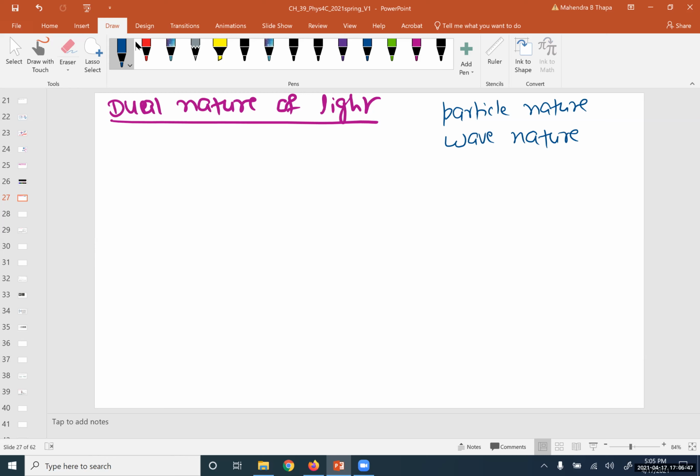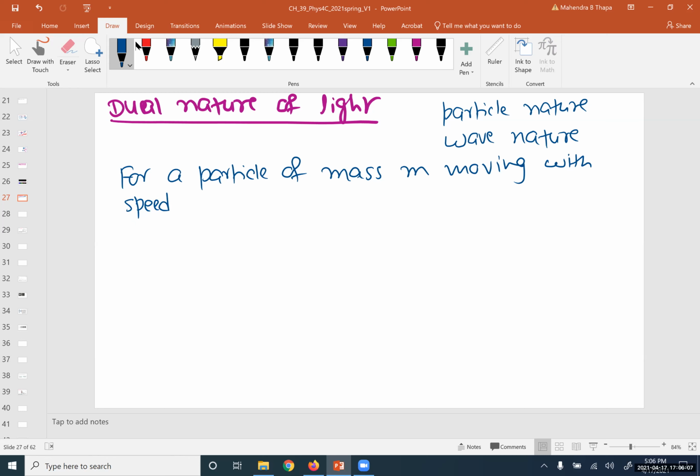So this is a recap. For any particle of mass m moving with speed v, we have lambda equals h over momentum, where momentum p equals mv.